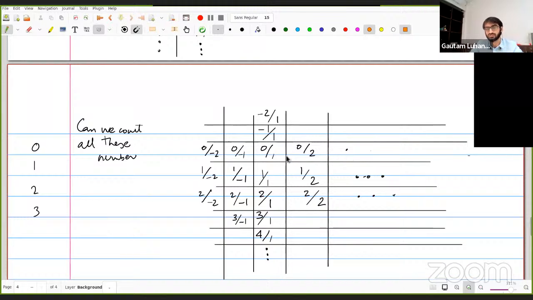And so now I have to find a way to count all of them spiraling out with something like 1, 2, 3, 4, 5, 6, 7, 8, 9, 10, 11, 12, 13, 14, 16, 17, 18, and so on.